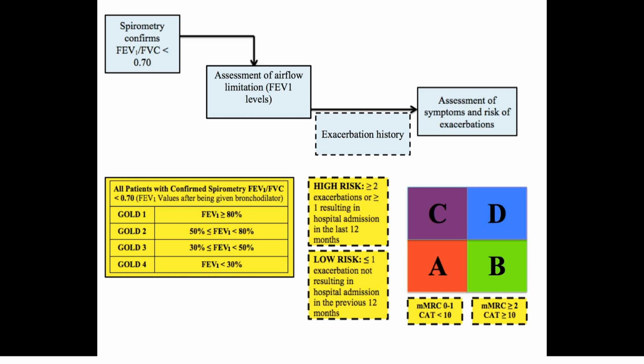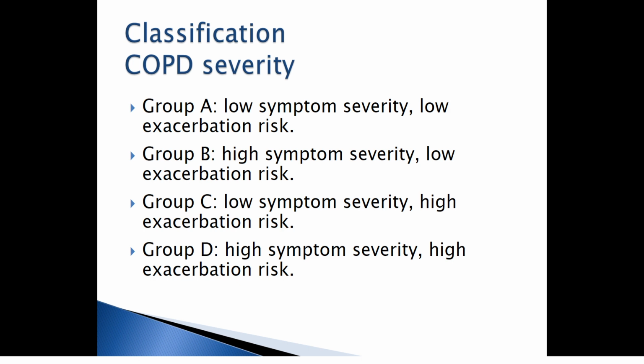And now we use a new classification which is called the ABCD classification. In this classification, Group A, low symptom severity, low exacerbation risk. Group B, high symptom severity, low exacerbation risk. Group C, low symptom severity, high exacerbation risk.